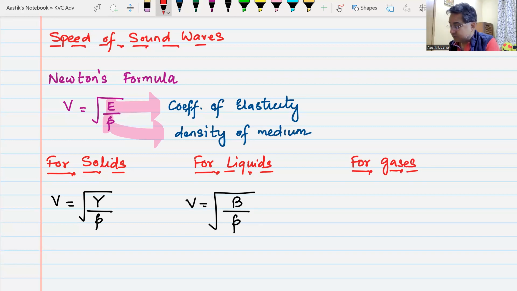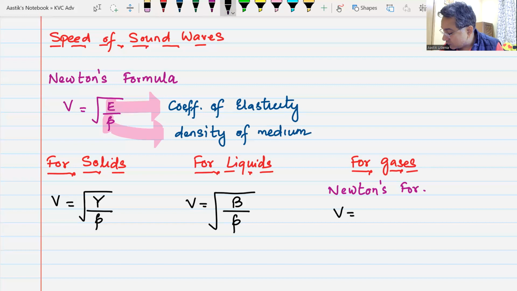So for gases, if the process is taken as isothermal, which was what Newton did, the formula that Newton gave was this: V is equal to root over P by rho, because he has taken the process as isothermal.